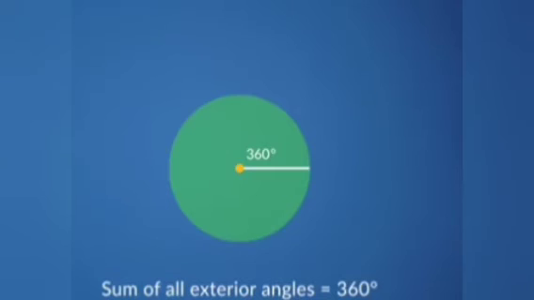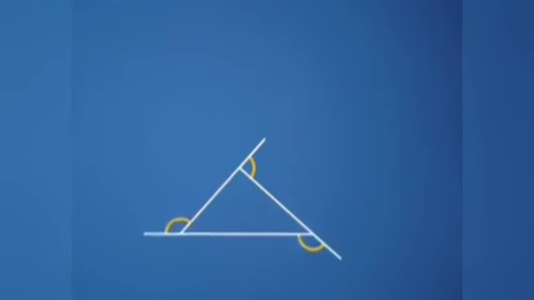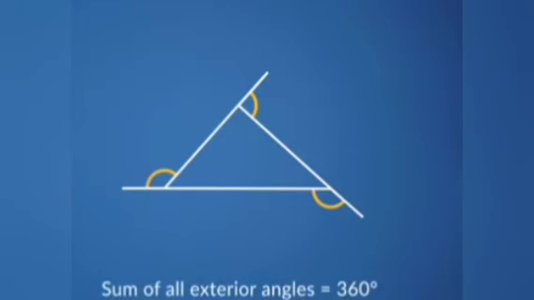And even if we have fewer sides to the polygon, for example 3 sides like a triangle, then there will just be fewer turns. But it does not change the sum of exterior angles. It is still 360 degrees.